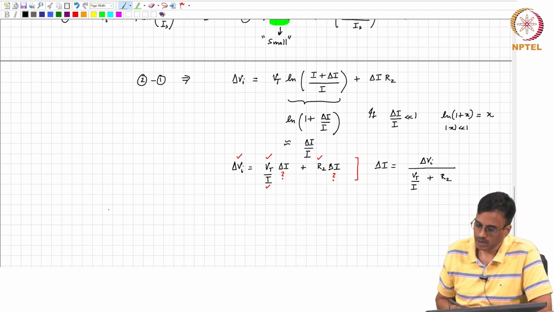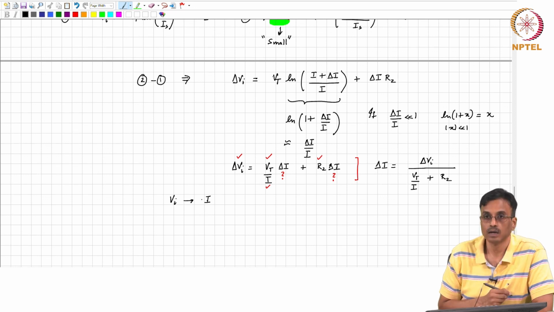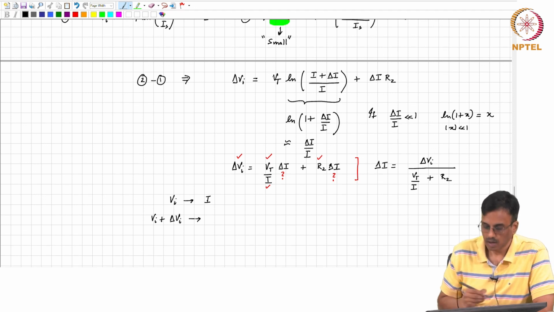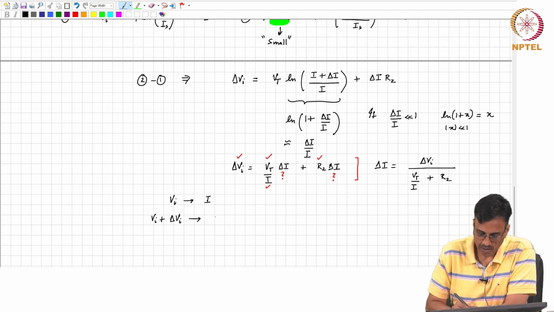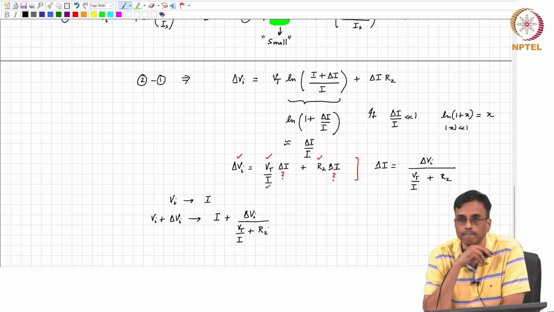So, what comment can we make about the total current now? Earlier when we had excited the circuit with Vi, we got some I. Now, when we excite the circuit with Vi plus delta Vi, you should get I plus delta Vi by (Vt by capital I plus R2). Okay.